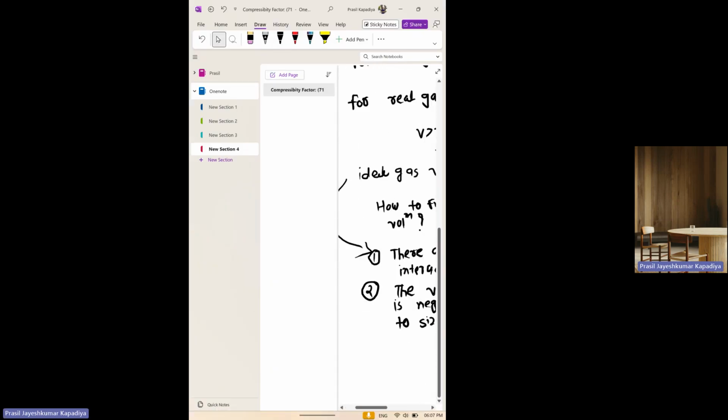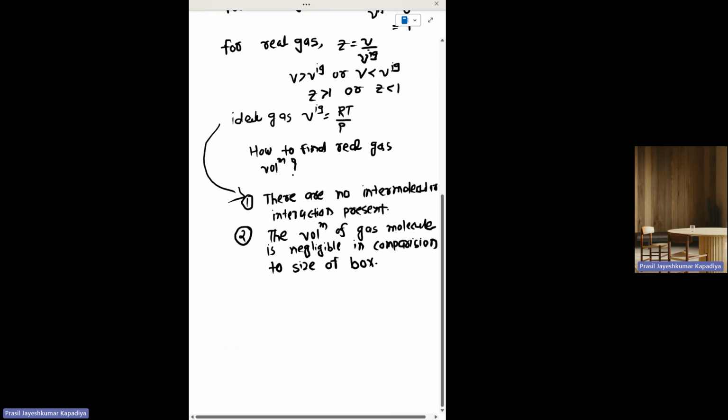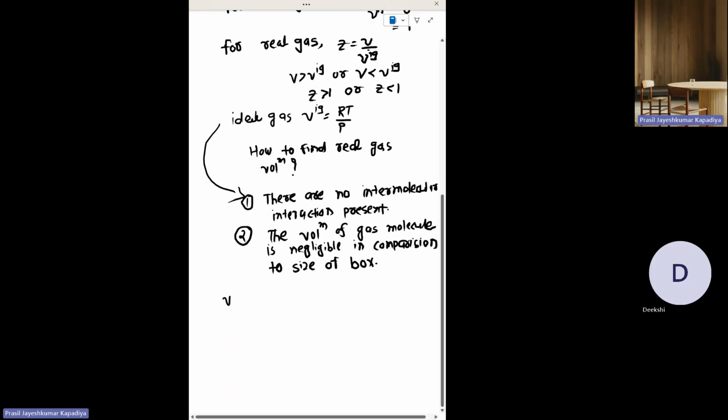But all the gases do not follow these two criteria. So the first equation of state considering non-ideality of ideal gas was introduced by Van der Waals. He added two parameters A and B. A considers intermolecular interactions between molecules, and B considers the size of the molecule that we were neglecting.